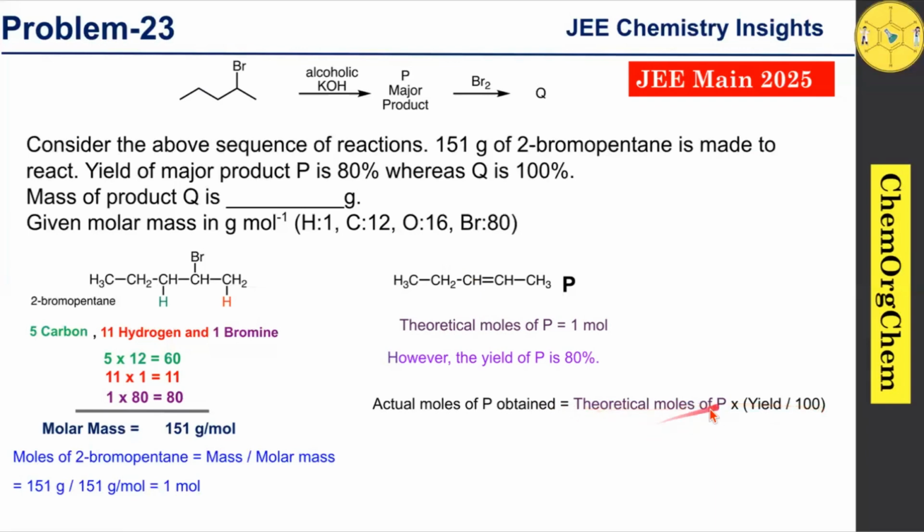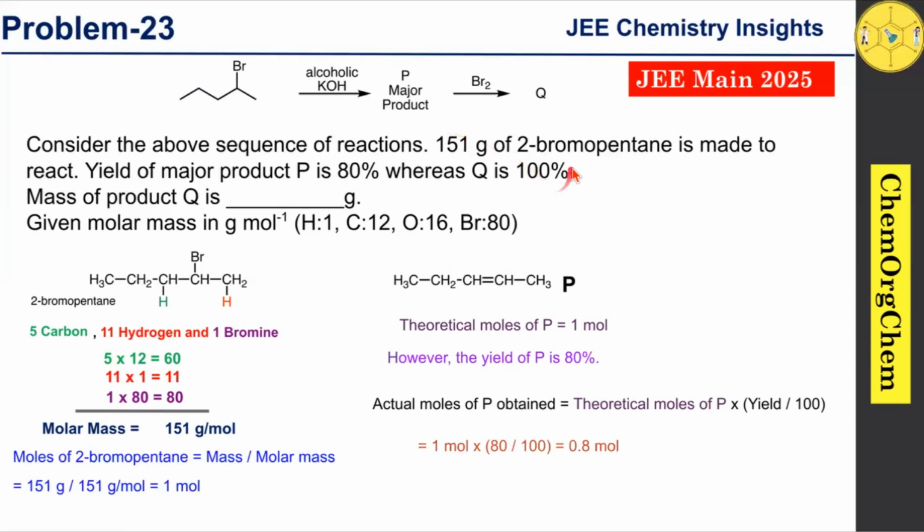So theoretical moles would be 1, and here they gave 80% product B yield. So 80 divided by 100, which produces 0.8 mole. Which means that in this reaction 0.8 mole of P is produced.